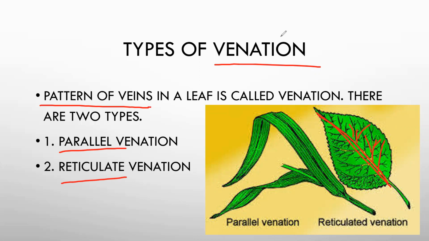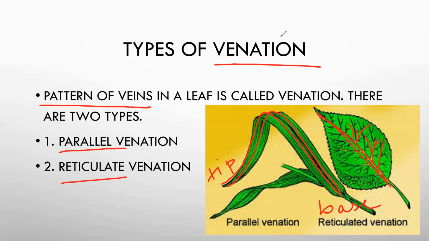Now if you look at the picture, the first leaf, you will find that there are lines going from the base, this is the base, this is the tip of the leaf, from the base of the leaf to the tip of the leaf. You will see that they are going side by side in a parallel fashion.